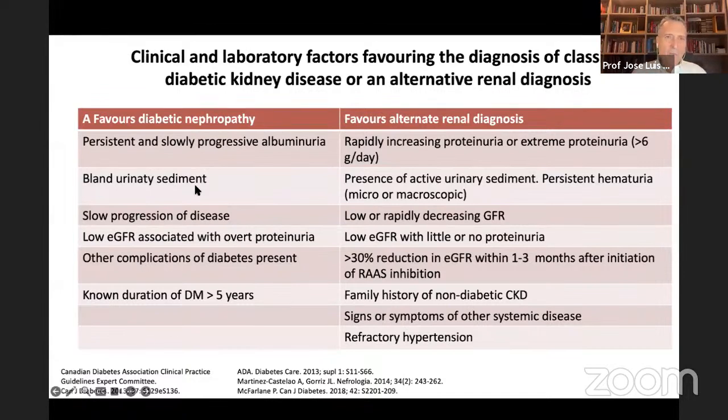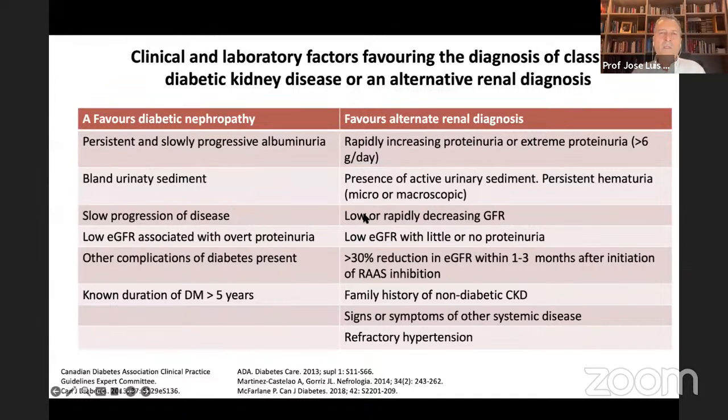When I meet very often with GPs of my department, I tell them: if you have a patient with slow and progressive albuminuria and bland urinary sediment, no hematuria, no leukocytes, no red blood cells, a slow progression of disease, and other complications of diabetes such as retinopathy and neuropathy, and known duration of diabetes greater than 5 years, probably these patients have diabetic nephropathy as the renal disease.